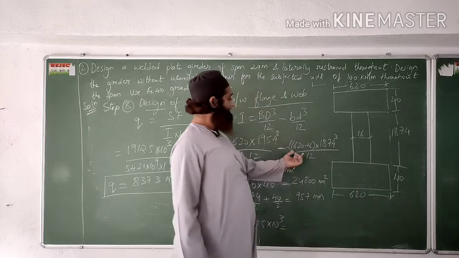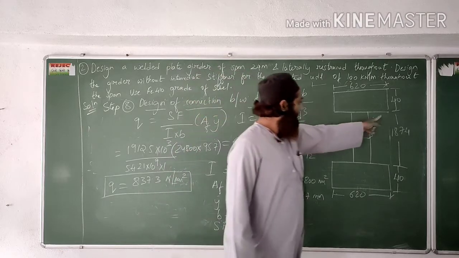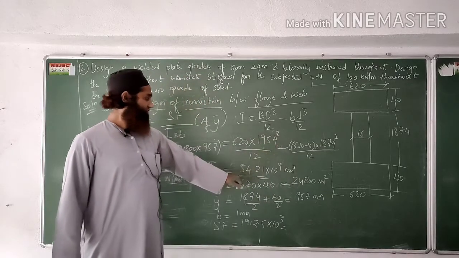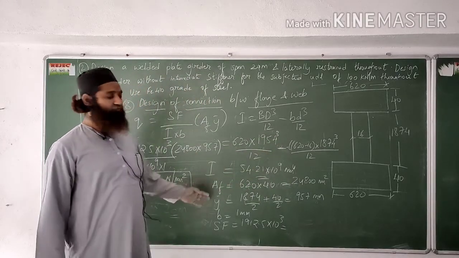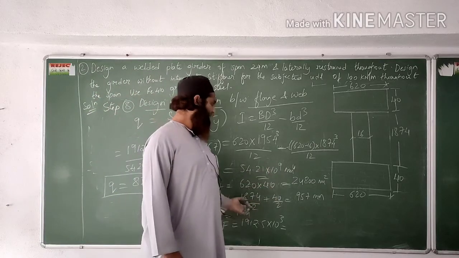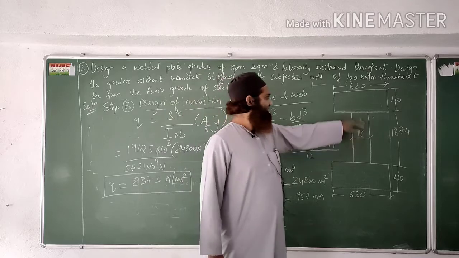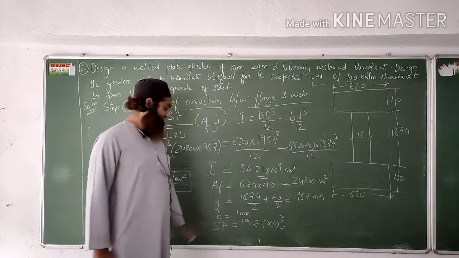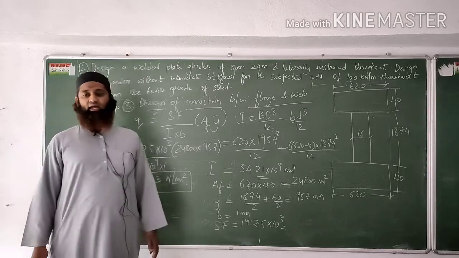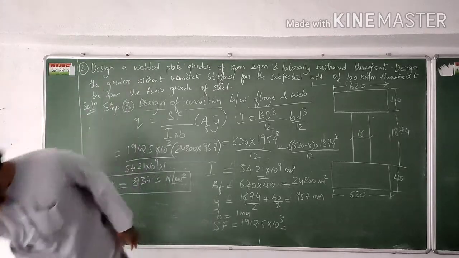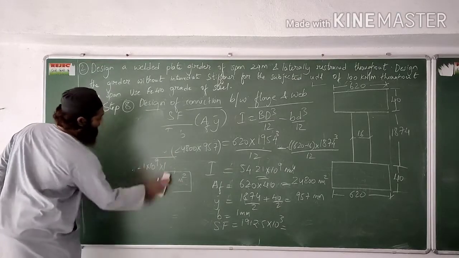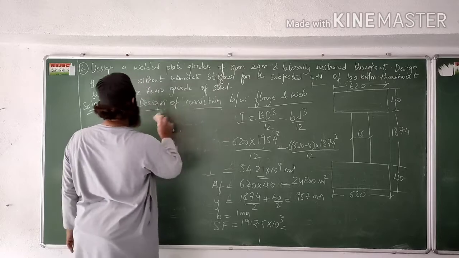So I removed that 16, 620 minus 16, into 1874 cube by 12, giving 54.21 into 10 to the power of 9. Area of flange is 620 into 40, I have written it here. Y bar, I have explained again, is from this center to the center of the flange. SF is VU. After calculating, I got 837.3. Let us see the last step, that is the design of the weld. With this step the problem will be over. Hope till here you all must have understood.